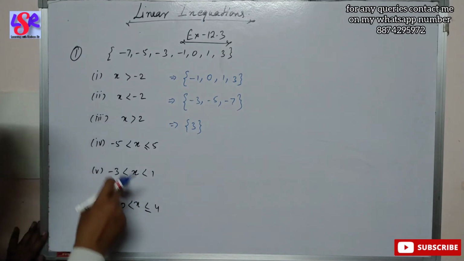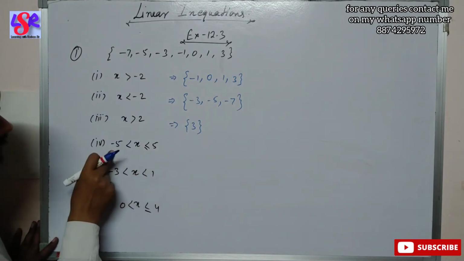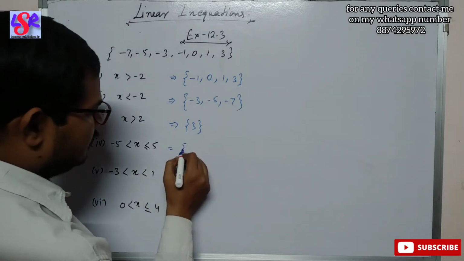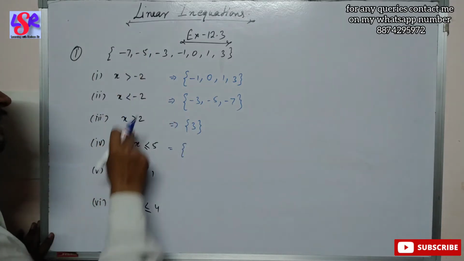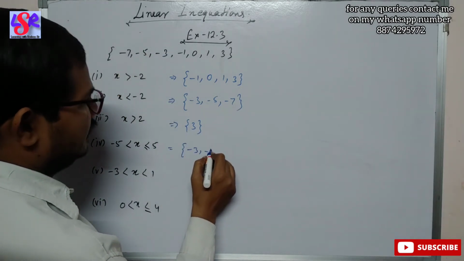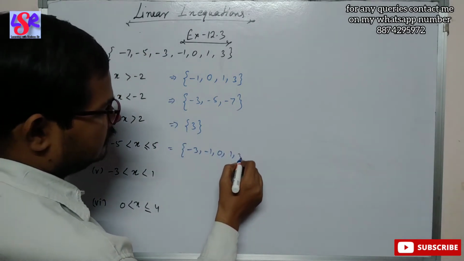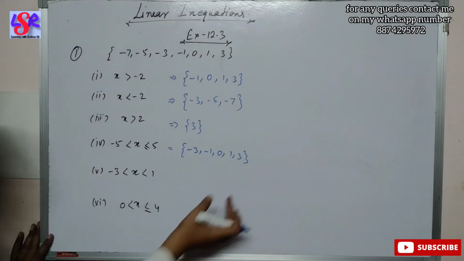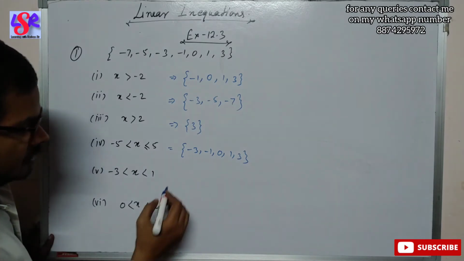Then next one is x is greater than -5 but it is less than equals to 5, तो ये हो जाएगा हमारे पास greater than -5, यानी कि 5 को इंक्लूड नहीं कर सकते हम लोग. We are going to take -3, -1, 0, 1 and 3 because we have to continue till 5, और यहाँ पे 5 है नहीं तो हमें उसे कोई मतलब नहीं. We can take till 3.